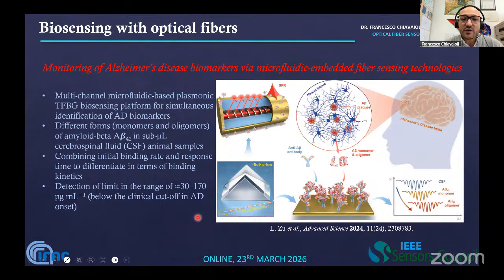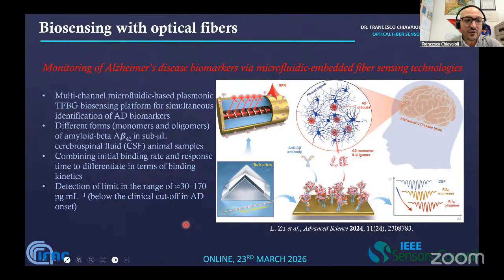Still continuing on Alzheimer's disease, we also use another type of sensor, a tilted fiber Bragg grating coated with gold, and we developed a custom multi-channel microfluidic system to detect multiple AD biomarkers at the same time.